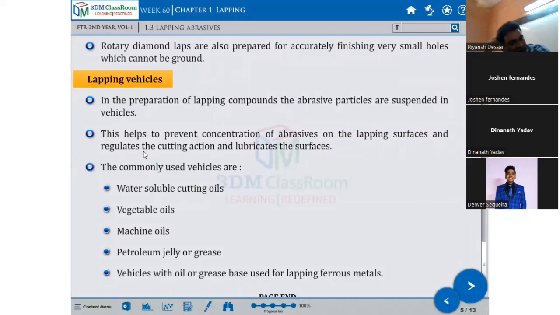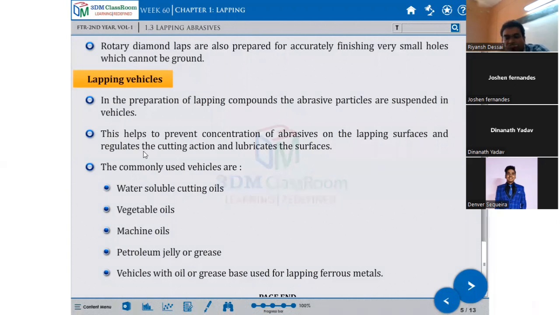A vehicle with an oil or grease base is used for lapping ferrous metal, based upon the application.